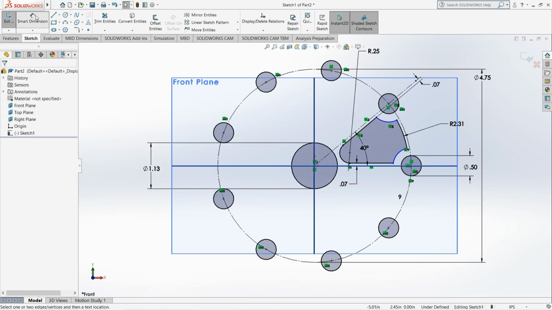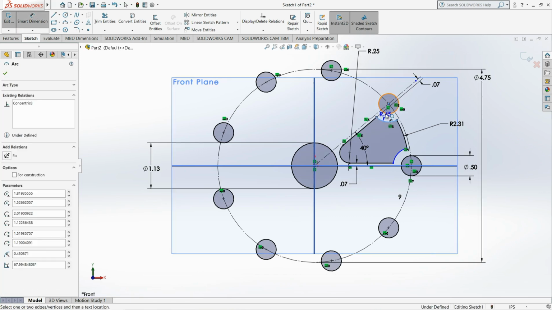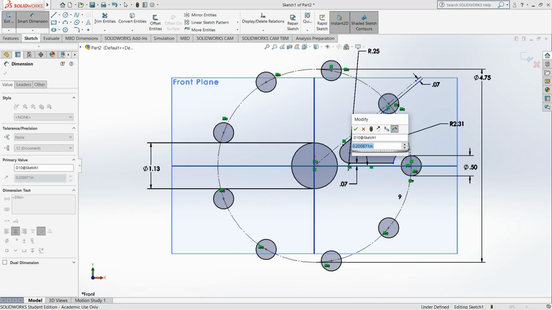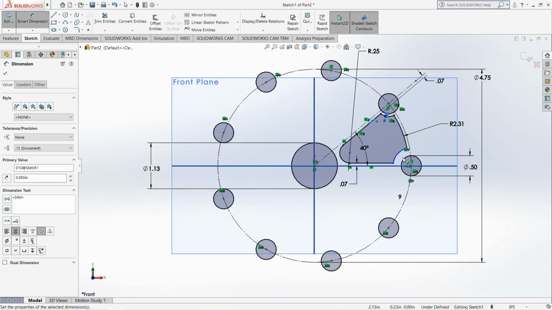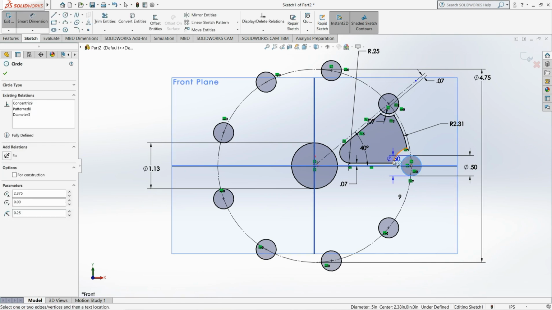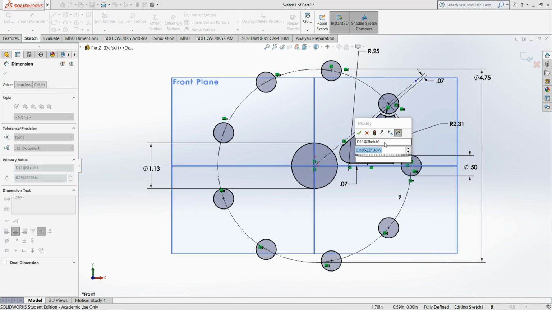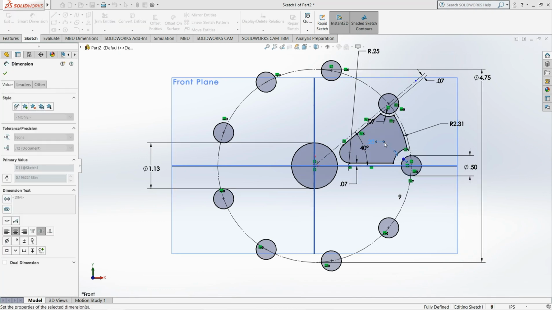I just have to make them parallel. And the other one is the same. It is fully defined again.